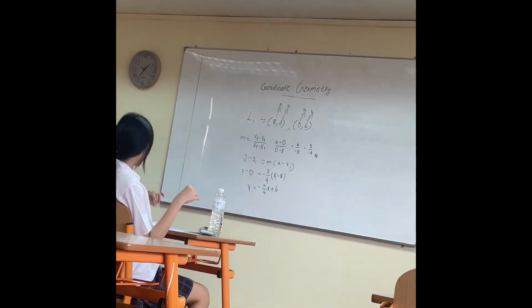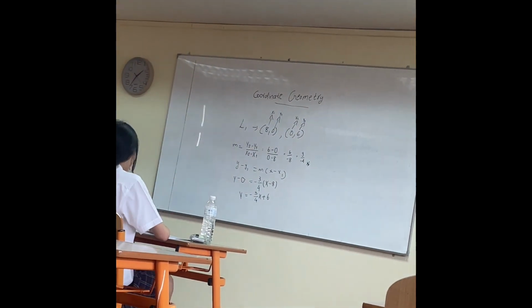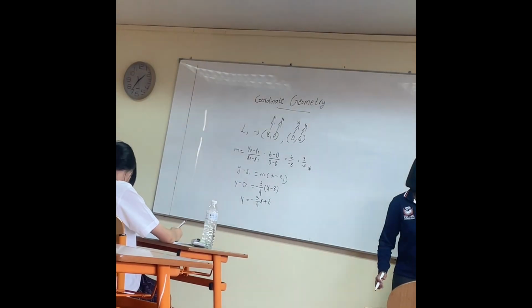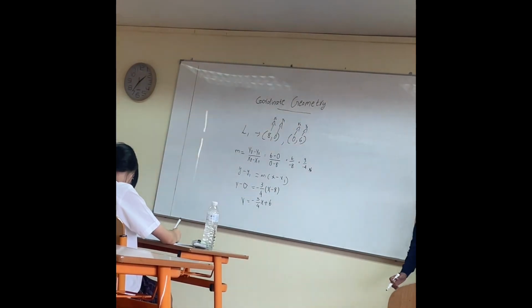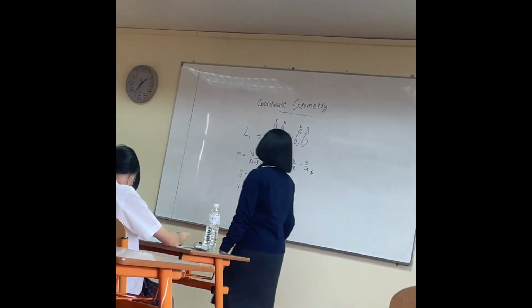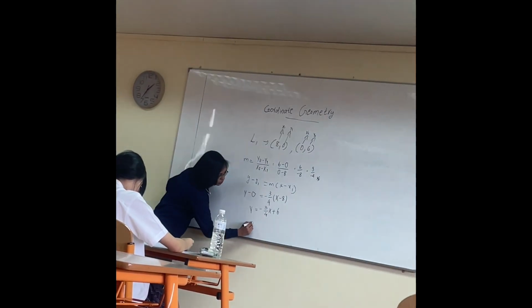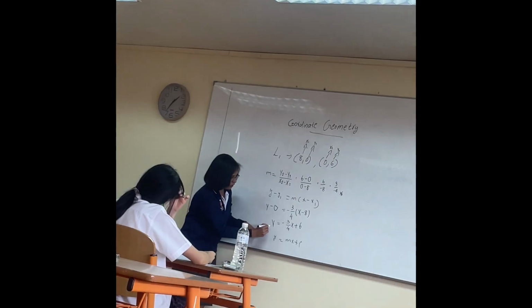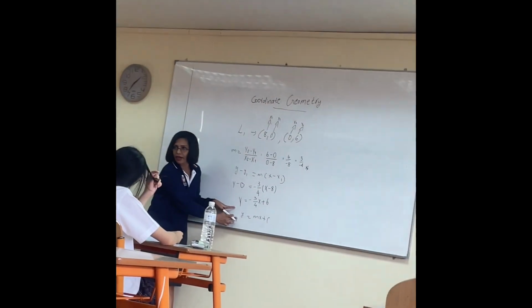So in this question, they ask you for the equation of L1, your answer in the form of y equal to mx plus c. So is this in the form y equal to mx plus c? Just see, your y will be on the left, right?